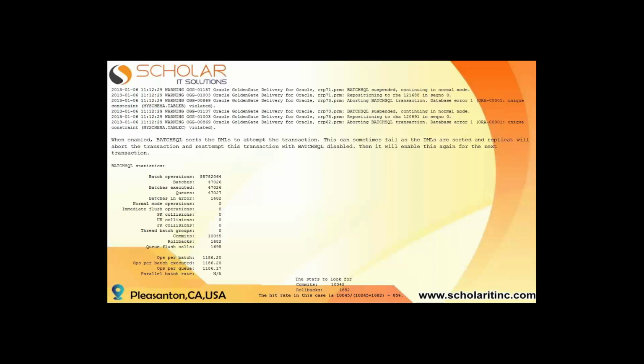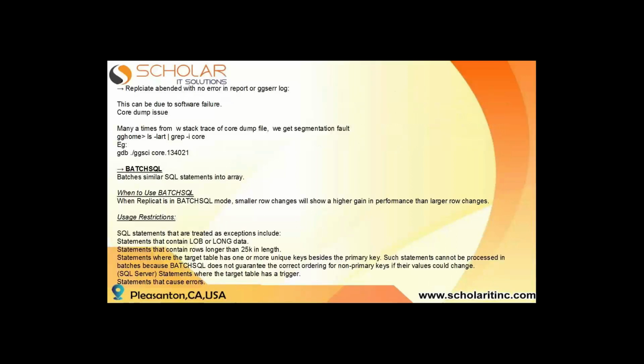The thing is, batch SQL will not work the way it should if there are a few exceptions: if the table has a LOB or LONG column, if the statement is more than 25k in length, or if the table has one or more unique keys besides the primary key. For these, it will not work.